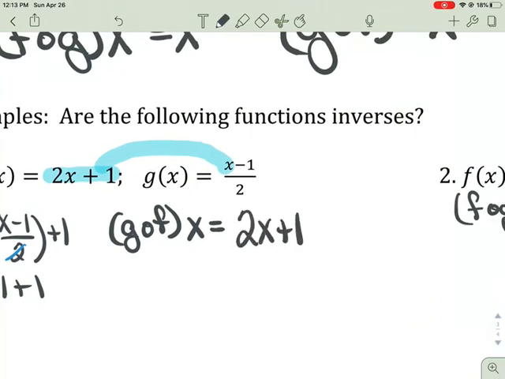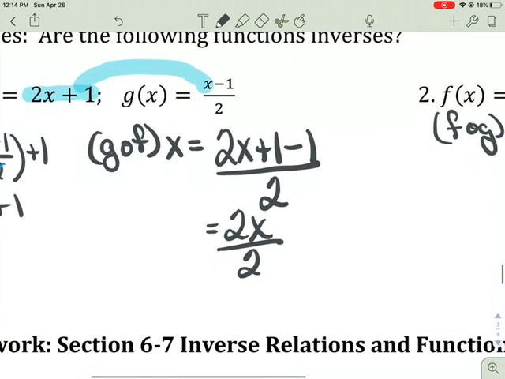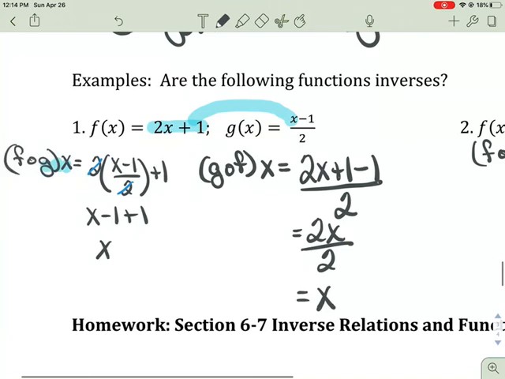So we're going to get 2x plus 1 minus 1, then the whole thing divided by 2. All right, so the ones are going to cancel, and we're going to be left with 2x over 2. The 2's are going to cancel, and we're equal to x. So that looks awesome. Looks like these guys, because our answers are both x, are inverses.